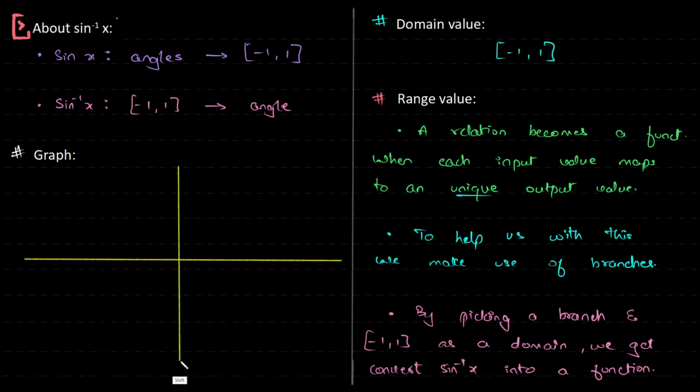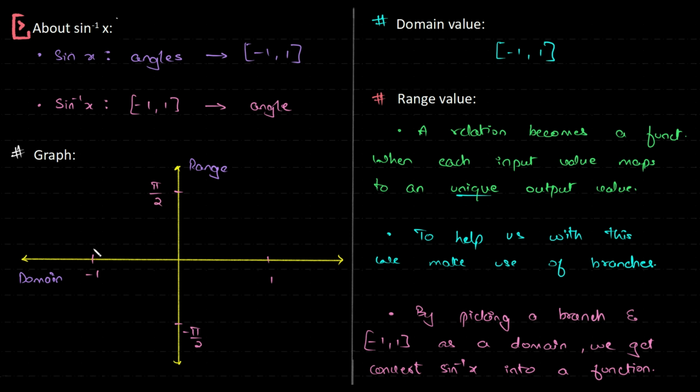That's your input, your domain, and your range. This is your range, and this is your domain. Okay, so your domain will vary from -1 to 1, and your range will vary from -pi by 2 to +pi by 2.